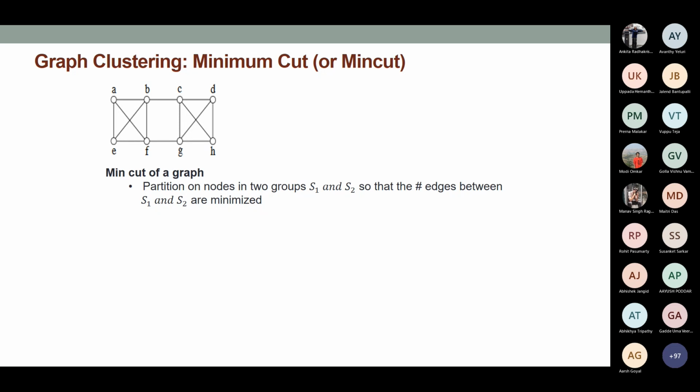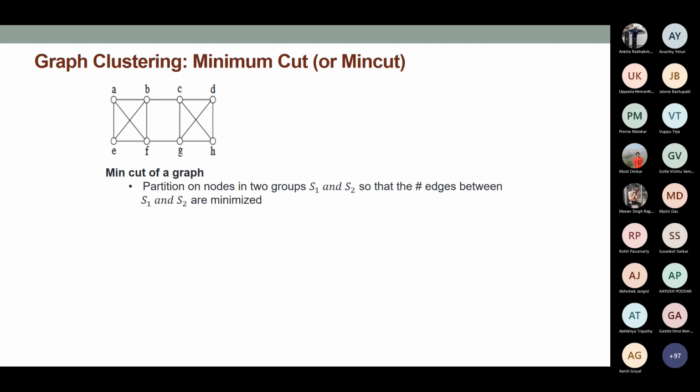Now that you know what a graph and edges are, the minimum cut is basically partitioning a graph into two disjoint subsets, say S1 and S2, so that the number of edges between these two sets, S1 and S2, is minimized.